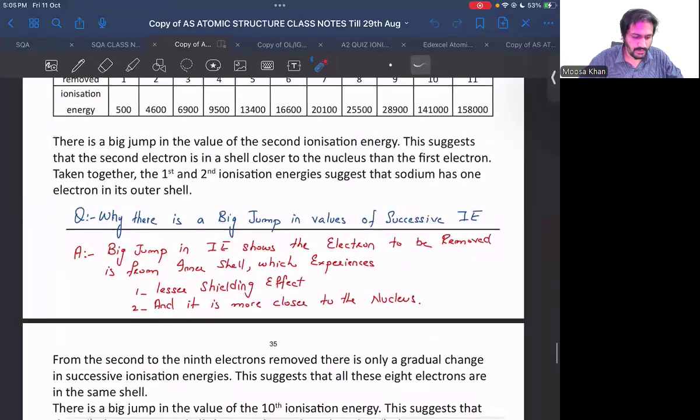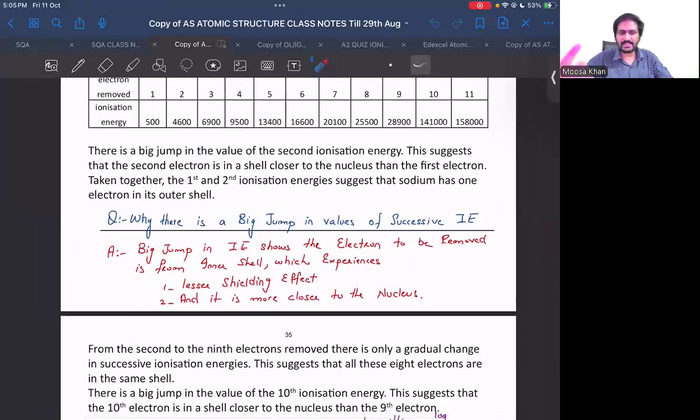So you should know these 2 answers. Why does successive ionization energy increase? Because once we start removing the electrons, the remaining electrons experience greater effective nuclear charge. But why is there a big jump between successive ionization energies? Because a big jump comes whenever we are trying to remove the electron from the inner shell.